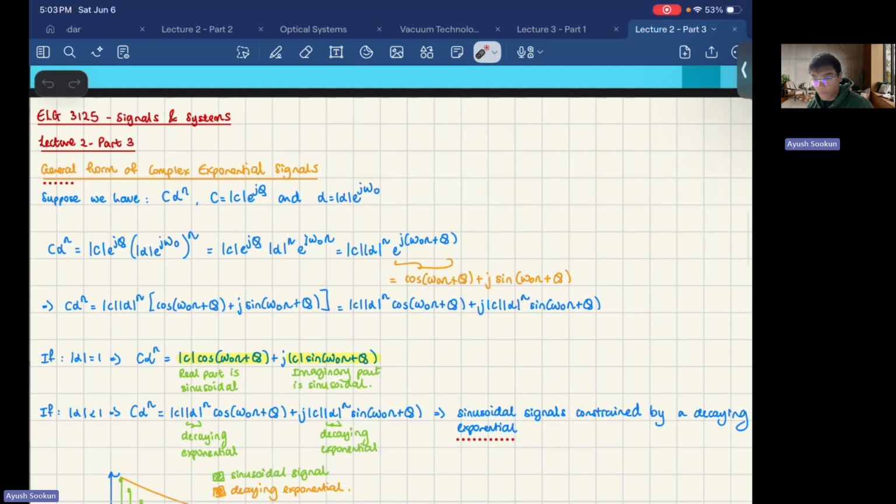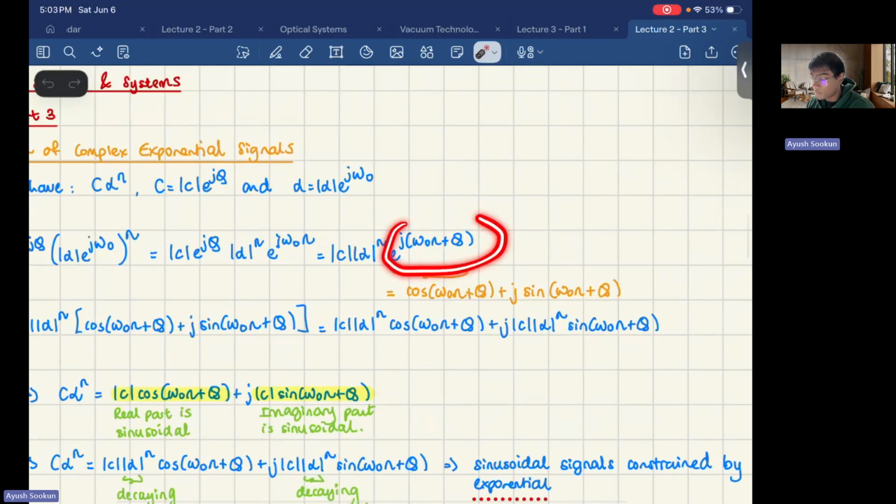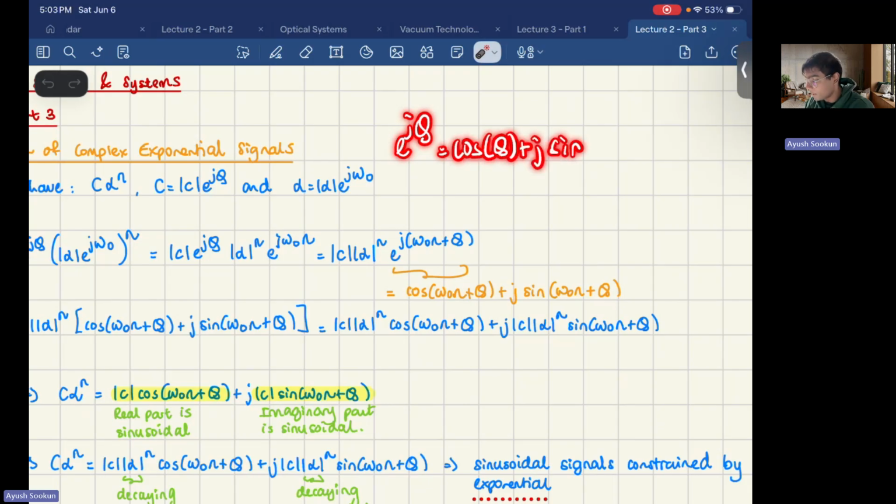Now, a quick reminder: when you have an exponential in the form e to the j theta, you can apply Euler's relation. If you forgot, you can go watch the previous lecture for intuition, but here it is regardless. You should have this memorized. It's very, very important. e to the j theta is cos theta plus j sine theta.